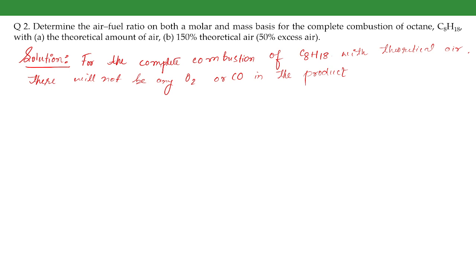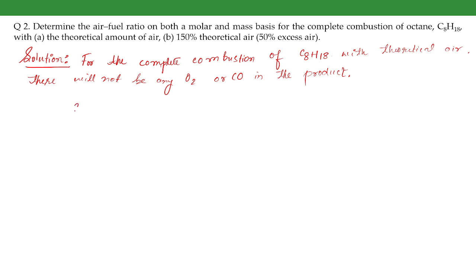So there will be no oxygen in the product. You can just write the equation directly. And the product will essentially contain only nitrogen, that is an inert gas, and it does not take part in reaction, and carbon dioxide and water.